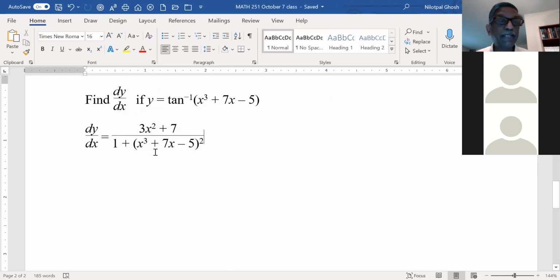In one line, I just wrote down that the derivative of the inside is 3x squared plus 7. The derivative of tan inverse is 1 over 1 plus u squared, so we call this one u squared, 1 over 1 plus u squared times du dx. So that will be the answer. You can just write it in one line if you like. So that was one problem we did.